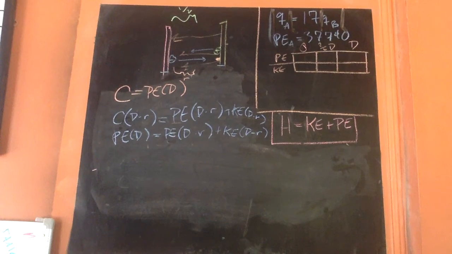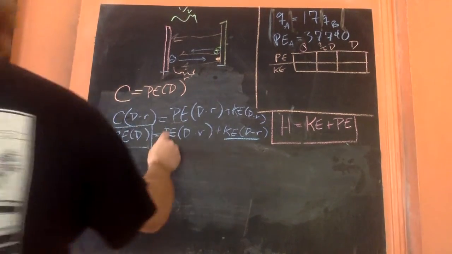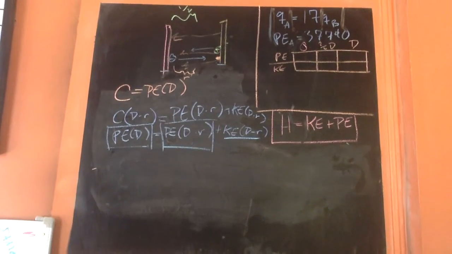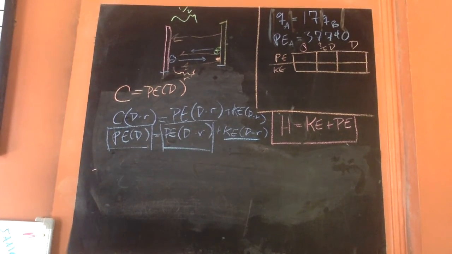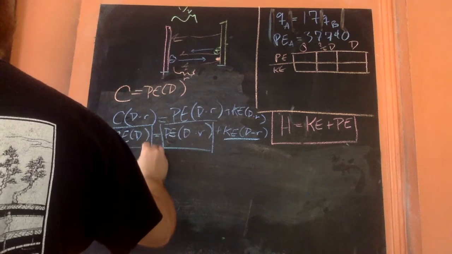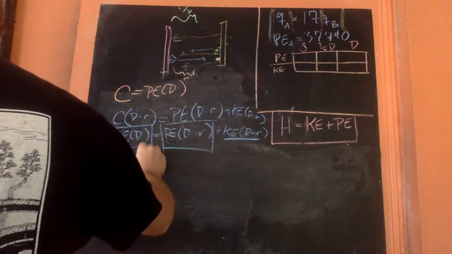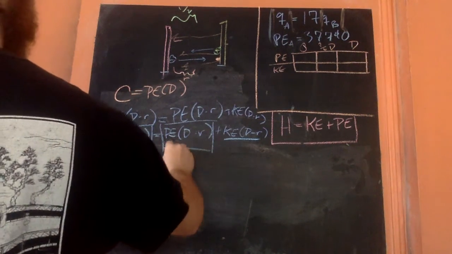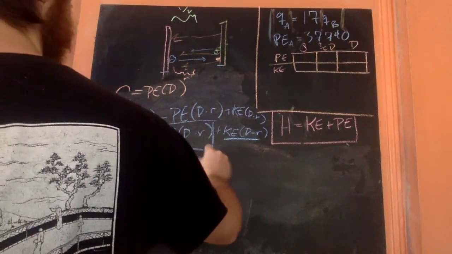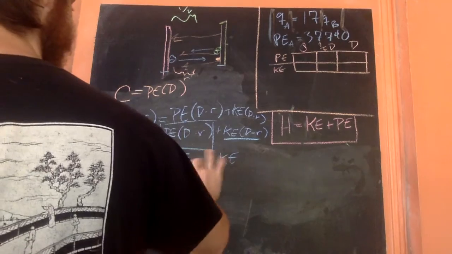Well, we know that this is growing. This is a constant. And this is decreasing, just by the way that the numbers work. So what we can say is that c is equal to the distance d minus r times PE plus r times KE. And this is of distance d.